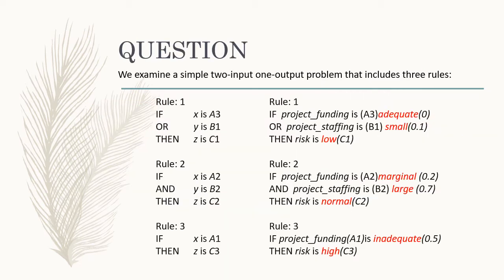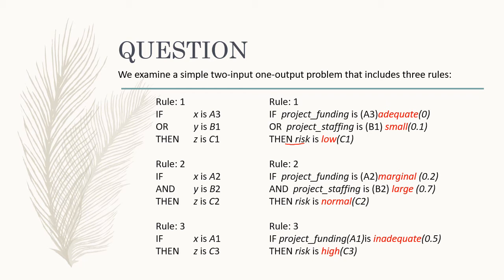Now, in your final exam, you are going to have this kind of question. We examine a simple 2 input 1 output problem that includes 3 rules. These are the rules. Rule number 1: if x is a3 or y is b1, then z is c1. It is actually similar to this rule, but the representation is different.